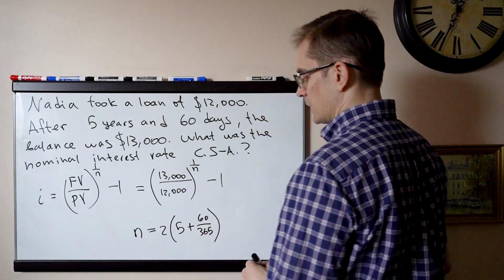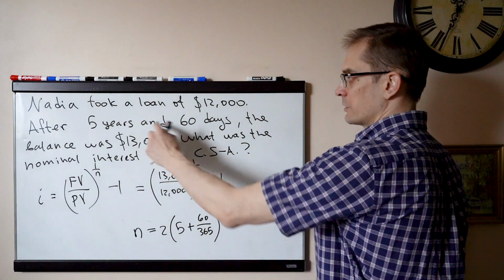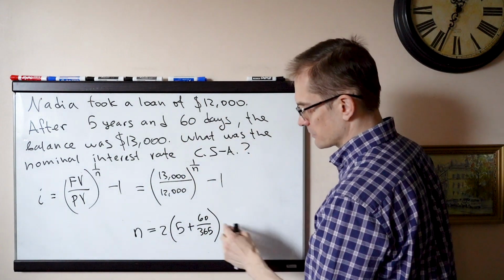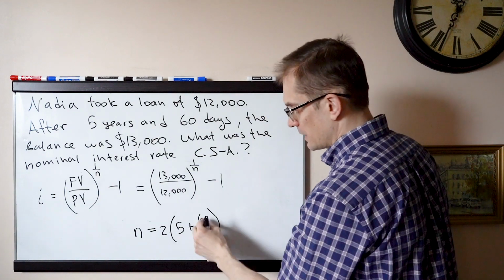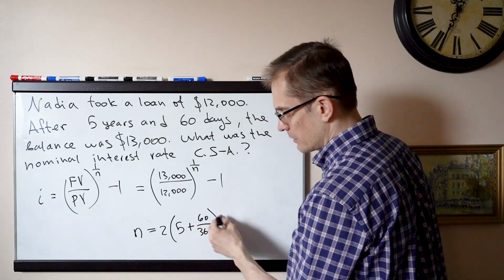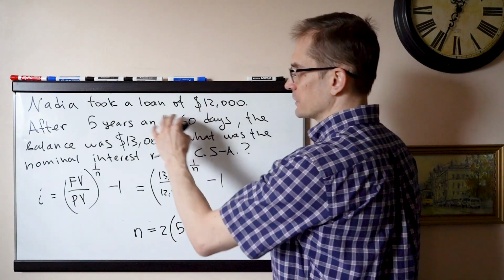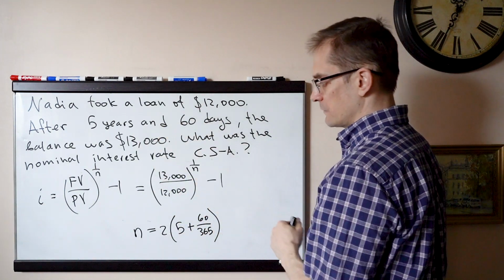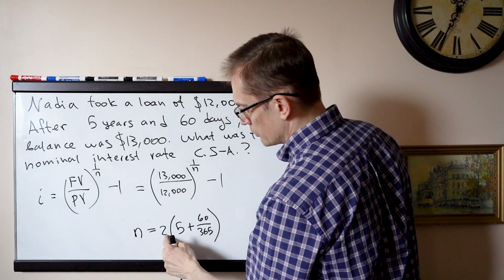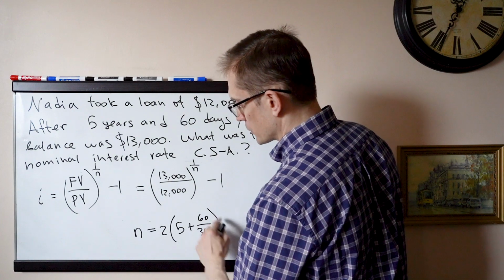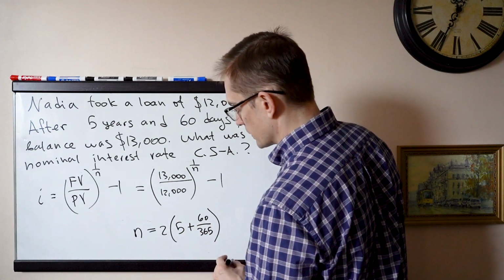Why? Because it's 5 years in this term, and also there is some part of the year, 60 days, so 60 over 365 is that fractional part of the year that you have to put on top of 5 years. That will be the total number of years in this investment. And then you multiply by 2 because the rate is compounded semi-annually. So n will be the total number of semi-annual periods.